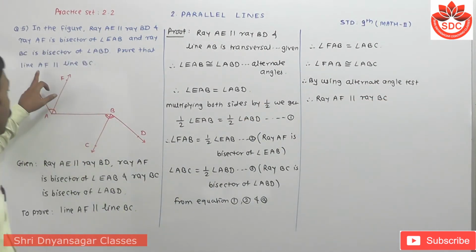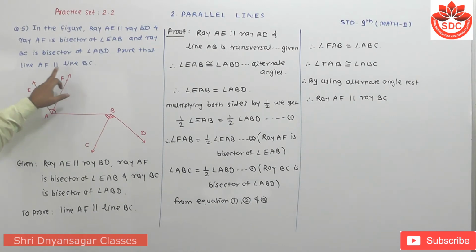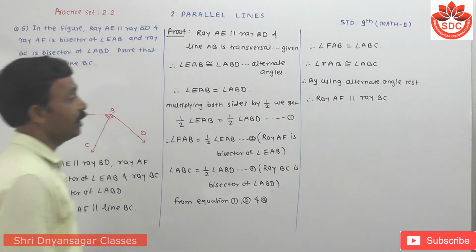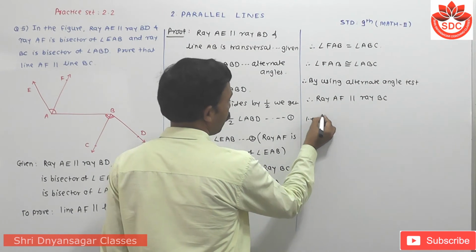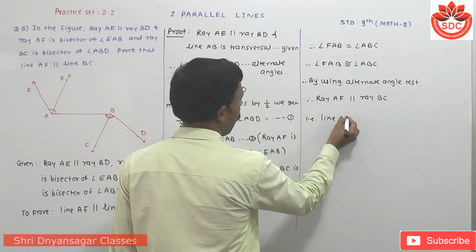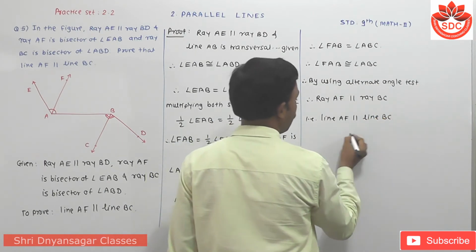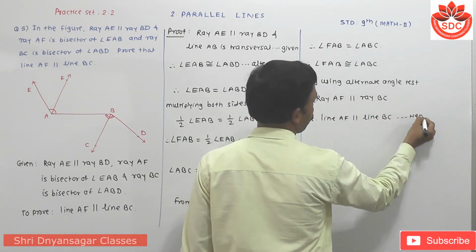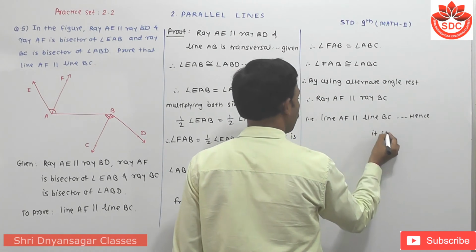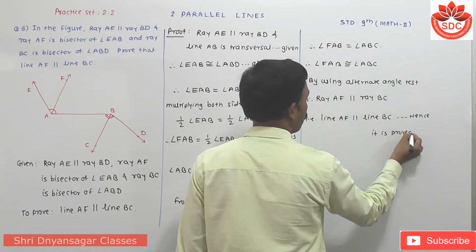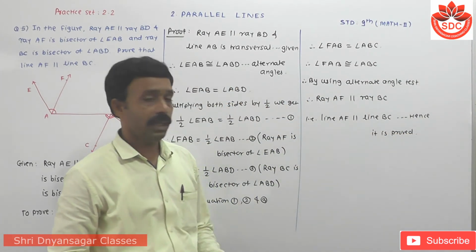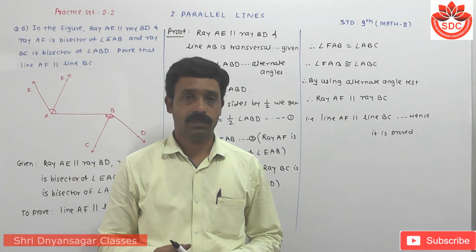And hence, look carefully, we have to prove here this line AF is parallel with line BC. That is, I have to also write here this line AF is parallel with line BC, and hence it is proved. Can you understand this?